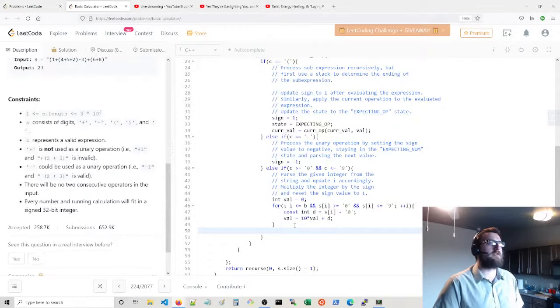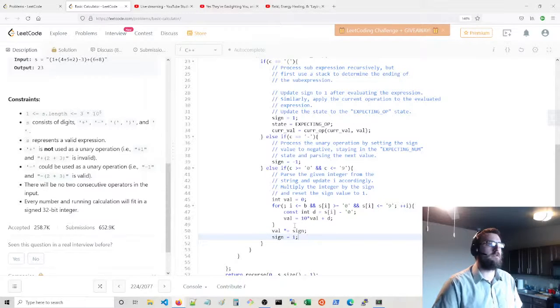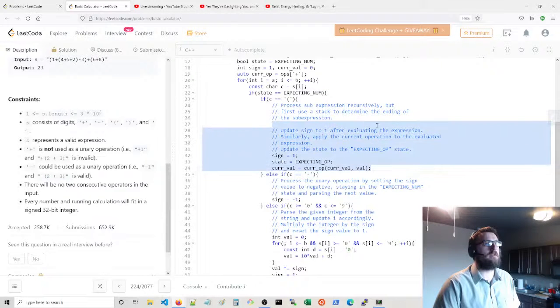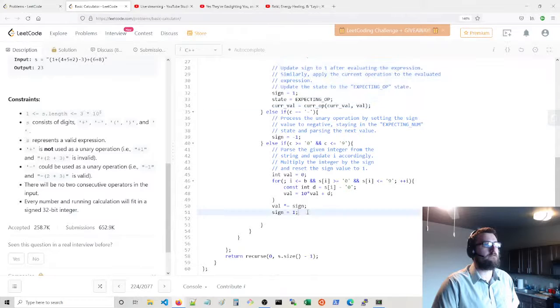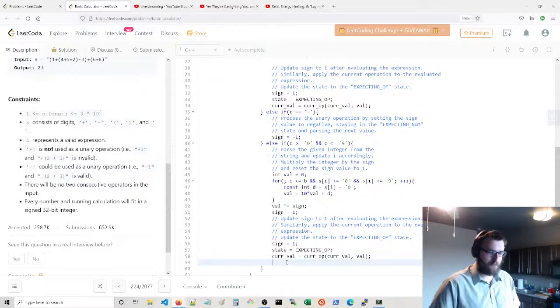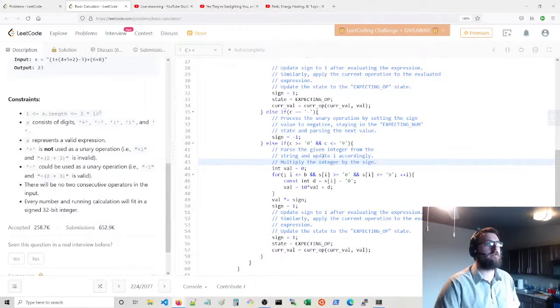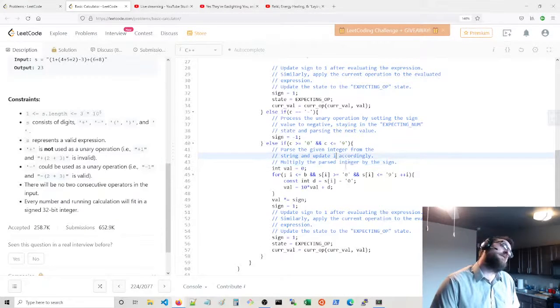And then you're going to say val times equals the sign. Set the sign to 1. And then we do the same thing we do over here. Sign to 1 after multiplying by the sign. Parsed integer. Parse the integer from the string, update I accordingly.